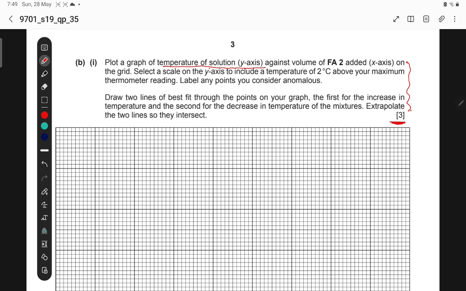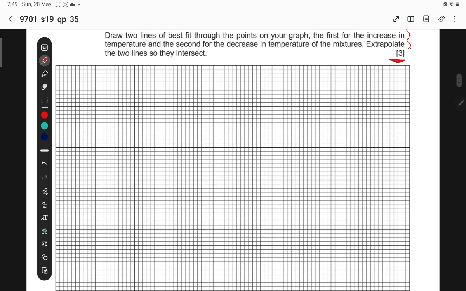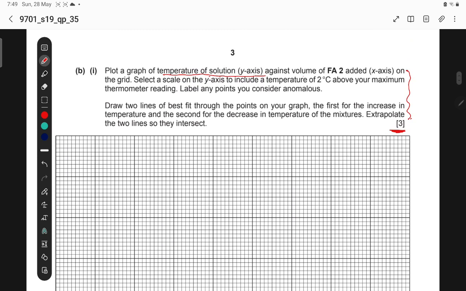Write down the name of the quantity along with unit on the y-axis, and this is temperature. We need to take temperature on the y-axis according to the instruction, and we need to take volume of FA2 along the x-axis. Write down the volume of FA2 along with unit, centimeter cube.